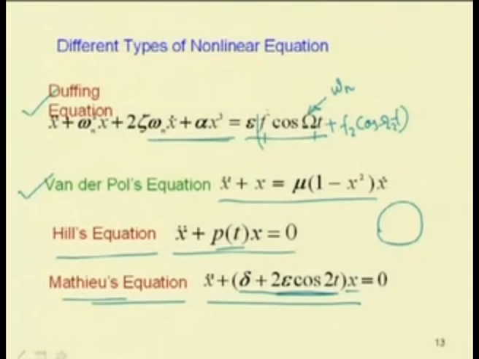So, as the coefficient of response is a periodic function, or a parameter of the response, that is why these equations are known as parametrically excited systems. So, in case of parametrically excited system, a periodic function is represented as the coefficient of the response. So, you can study different types of parametrically excited system.